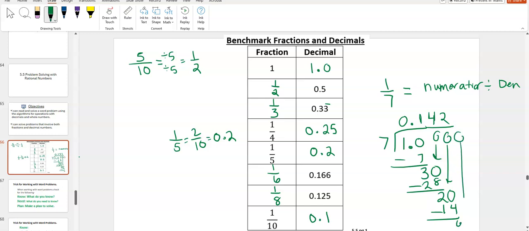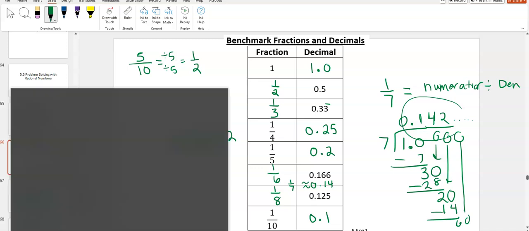Oh, 7 goes into 60. And you can kind of see why we didn't put 1/7 on, because it's going to continue on for a long time. But if I needed to estimate it, this would be my estimation here. I could round it to the nearest hundredth to make 0.14. That would be right here between 1/6 and 1/8. That would be an approximation.